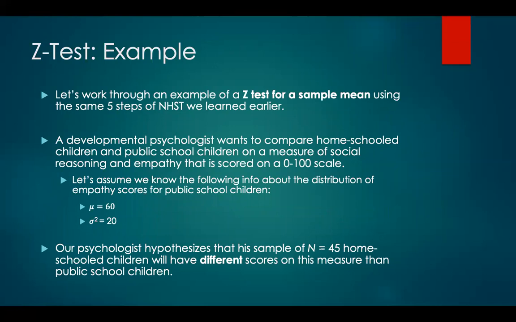Let's assume that we know the following information about the distribution of empathy scores for public school children, the population. On this scale, they have a mean of 60 and a variance of 20. Remember, sigma squared is variance. Now our psychologist hypothesizes that his sample of n equals 45 homeschool children will have different scores on this measure than public school children.